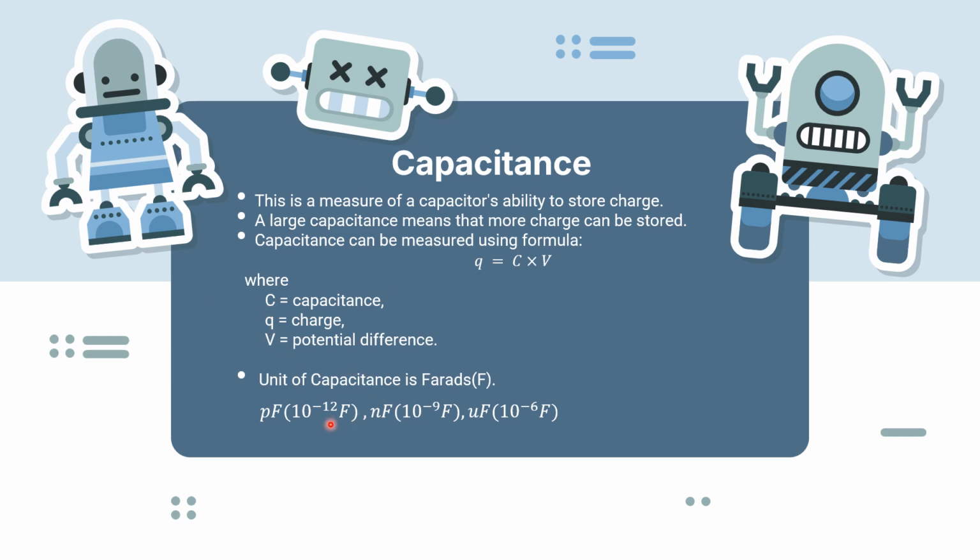The unit of capacitance is the farad, but because the farad is a very big number, we use pico, nano, and microfarad. For example, picofarad means 10 to the minus 12 times farad, and the same for nanofarad and microfarad.